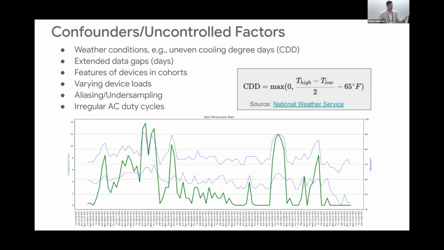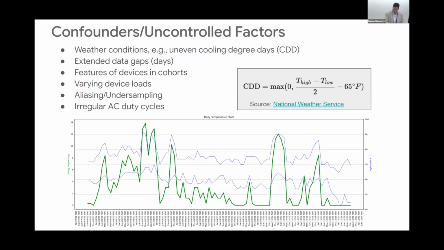And we had several data gaps. That was just normal in the data collection. Sometimes that happens. The features from the different cohorts were not the same. Some cohorts had more features, based on the other measurements we were able to get from them. We had varying device loads. That ended up being a major problem.